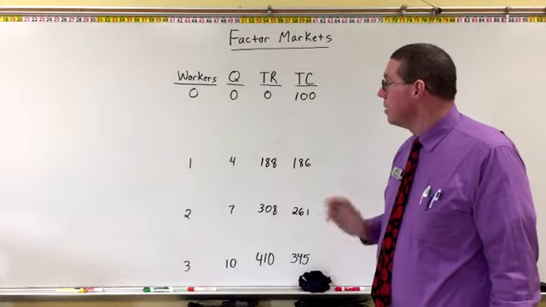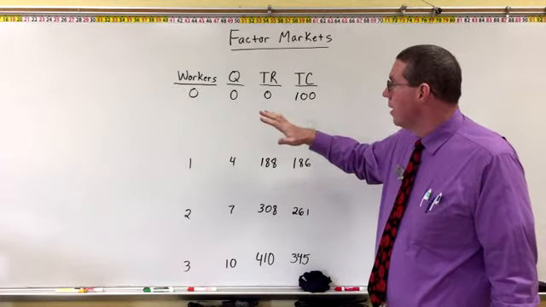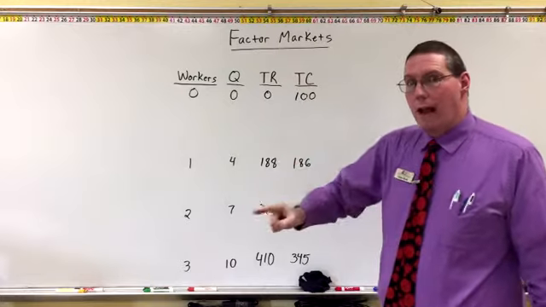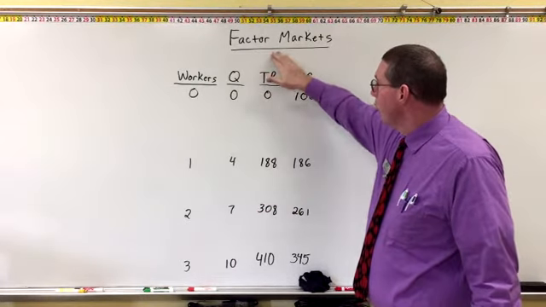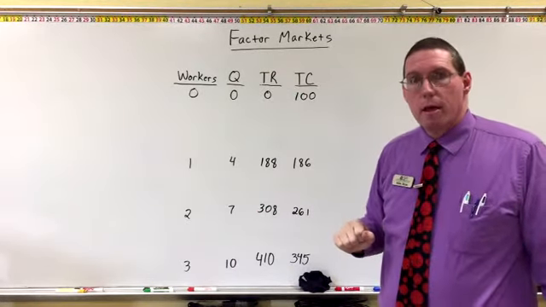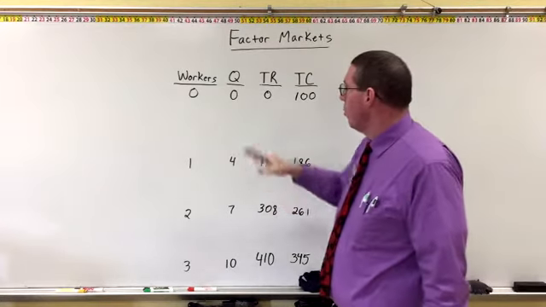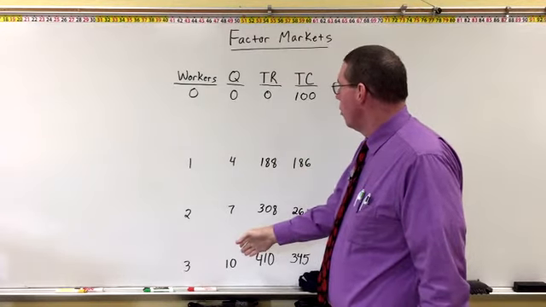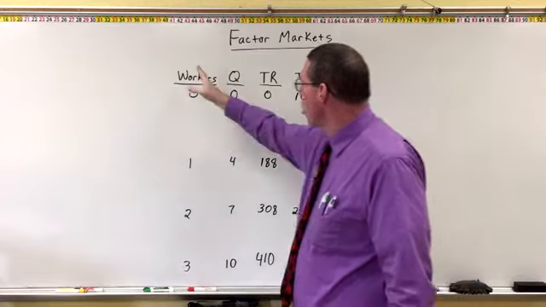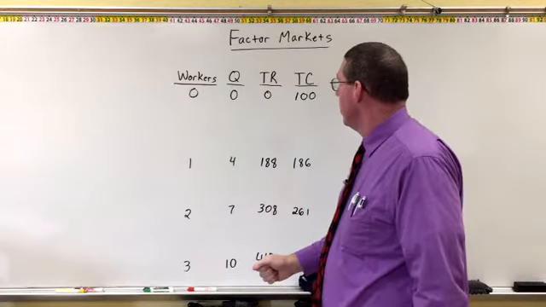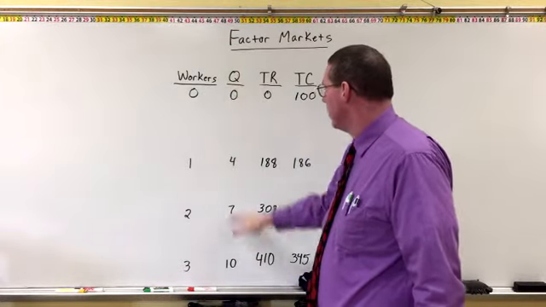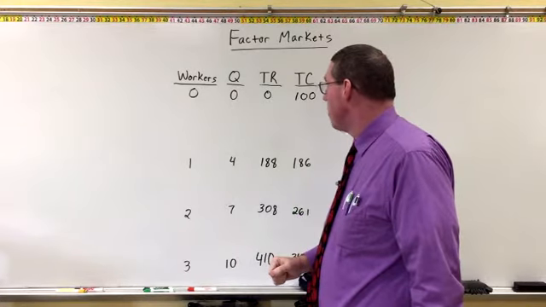And so it's important that you understand that what we're going to start working with right now when talking about factor markets is we are not working with a table where quantity is independent. We're going to work with a table where workers are independent and quantity is dependent.